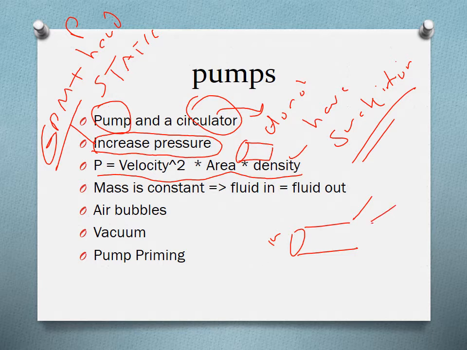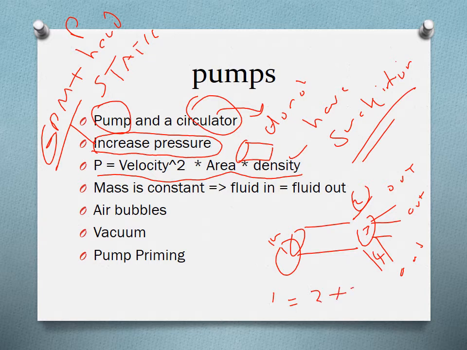So if we have three branches coming out of the pump, the sum of those three will equal the inlet. So if this is 1, 2, 3, and 4, 1 will equal 2 plus 3 plus 4. So that's what we mean by the mass is always constant.